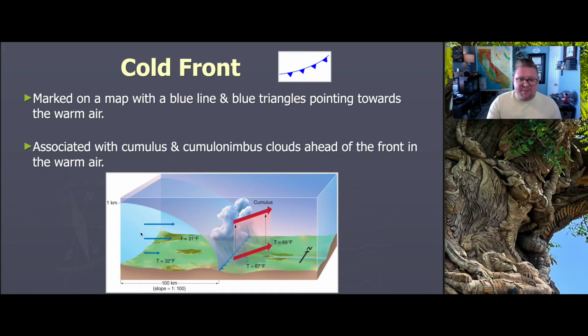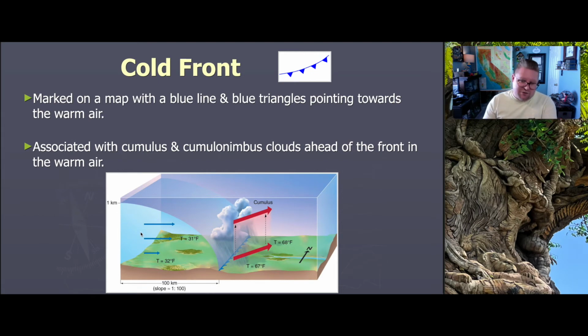What's happening is that this cold front of air is pushing through, and as it does, it's forcing that warm air upward. In that process, the warmer air is going to be cooled down, because not only is it mixing with cooler air, but when air is forced upward, through that adiabatic process, it begins to cool down.